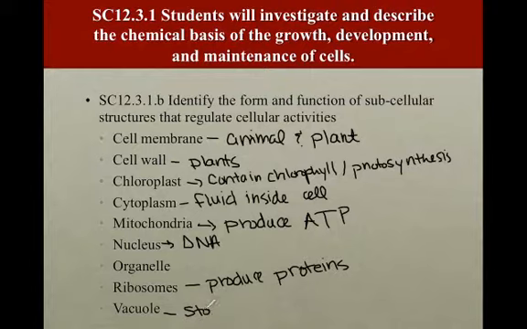What's it store? Water. Stores water. There are a couple more that are missing. Can you guys think of ones that are missing?